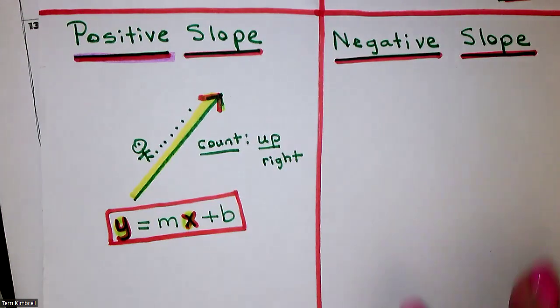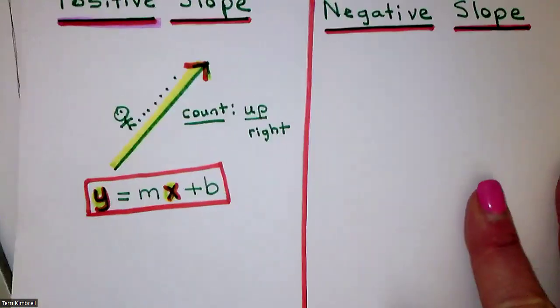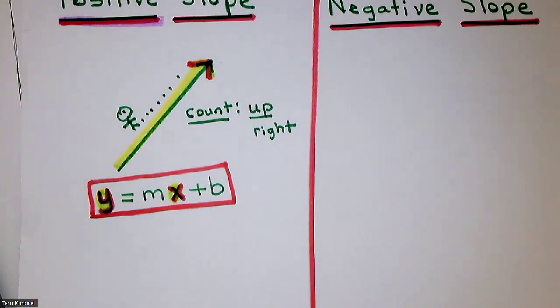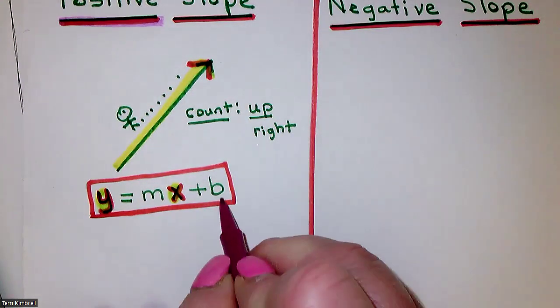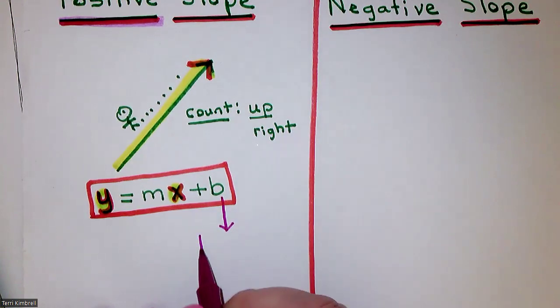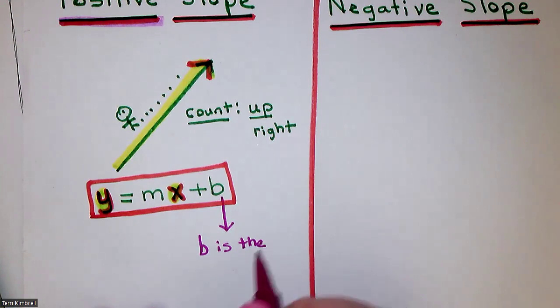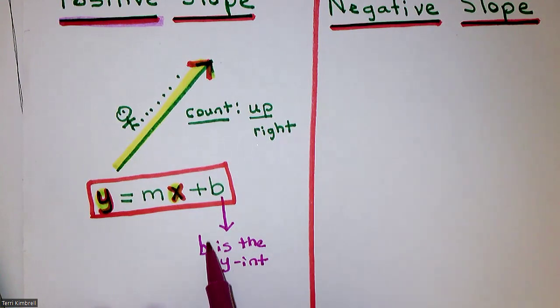The first thing you have to do when you graph a positive slope line is find out what the b is. The b is the y-intercept. Before you start counting with the slope, you have to be on the line.